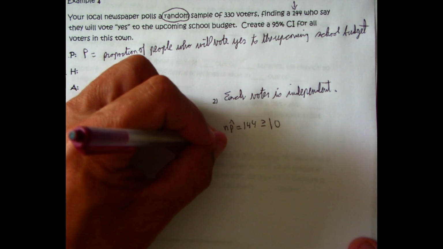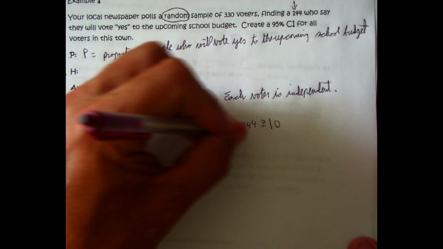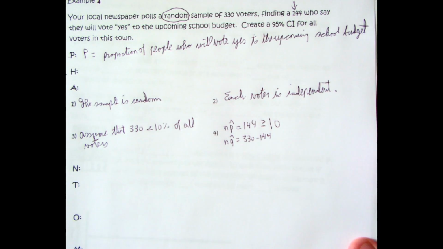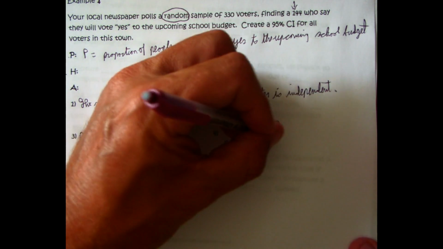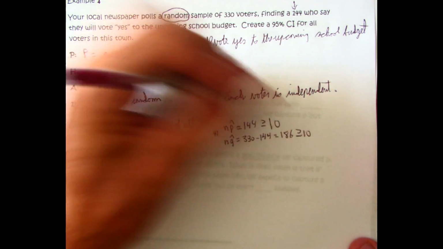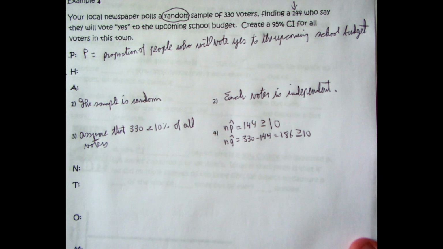Well, what's nq hat going to be? Well, it's going to be 330 minus 144, so that's going to be 186. And that's at least 10. So we're okay to use a normal model.